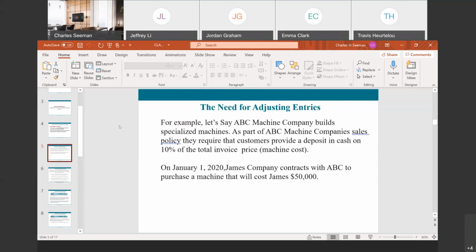So according to ABC's policy, James has to send a 10% deposit of the total cost of the machine. So if the machine costs $50,000, James first has to send ABC 10%, or $5,000. Let's just say that they did that on January 1st. So the whole deal was wrapped up on January 1st.